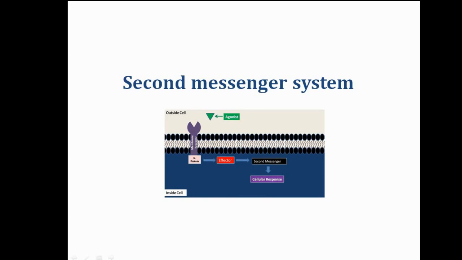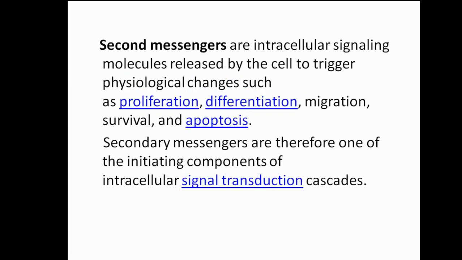Second, messenger system. The second messengers are intracellular signaling molecules released by the cell to trigger physiological changes such as proliferation, differentiation, migration, survival, and apoptosis, etc. The secondary messengers are therefore one of the initiating components of intracellular signal transduction cascades.